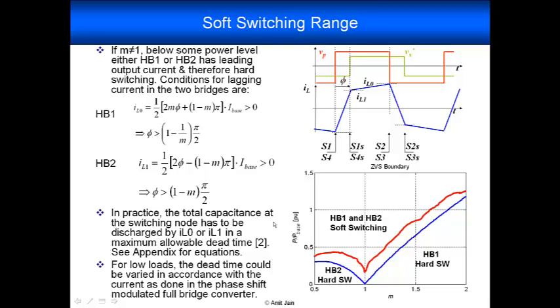So as the inductor currents IL0 and IL1 are getting smaller and smaller, you can start increasing the dead time. As they keep increasing, you can start decreasing the dead time, because you know that when the current is higher, the capacitance will be discharged faster. The current is smaller, it will take a longer time to discharge the capacitances.